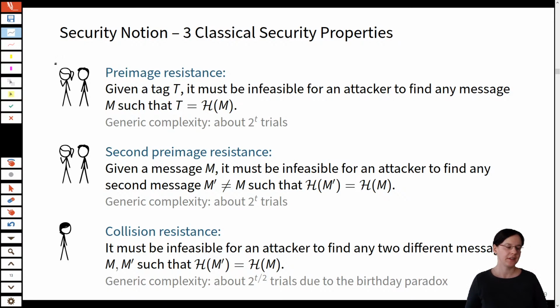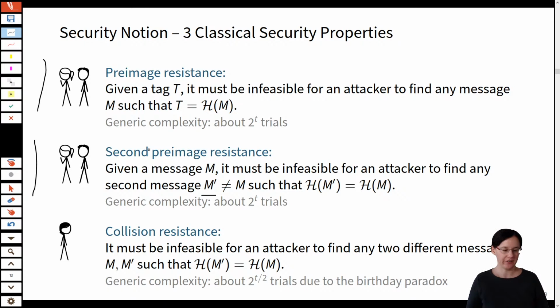So these are things that a person who has received a tag and maybe the corresponding message shouldn't be able to do. Namely, if Bob has received a tag, it should be infeasible for them to find any message that maps to this tag. And also, if they are given a tag and the corresponding message, they are not supposed to be able to find a second message that maps to this tag.